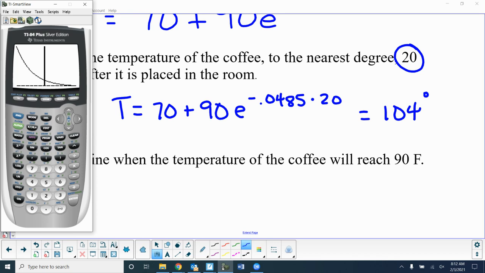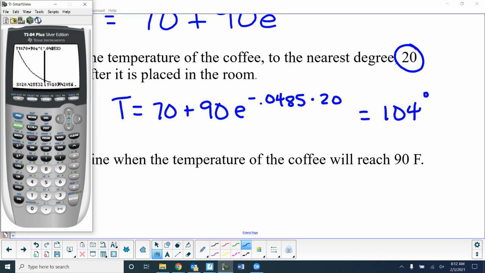Okay, so I can hit trace, all right, and just use my right arrow key and look for 20 over here on the X for the 104. So I'm just looking at my X values. There's 20, it's 103 point something, so.